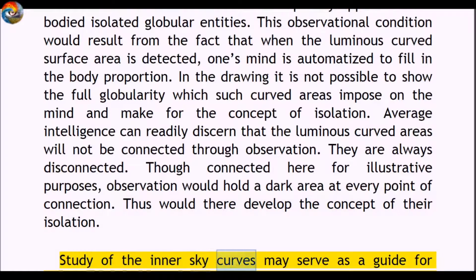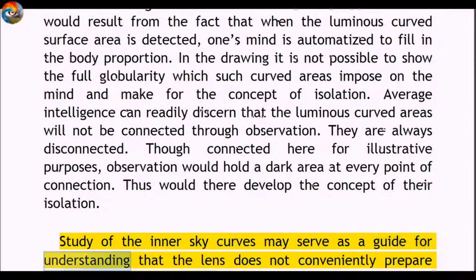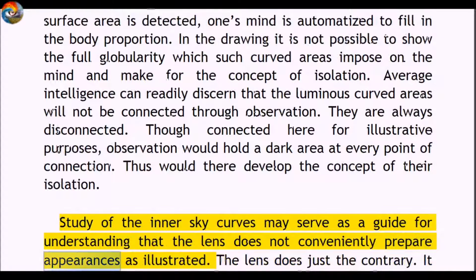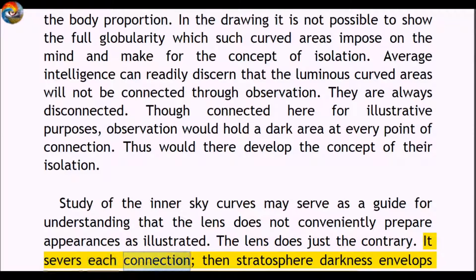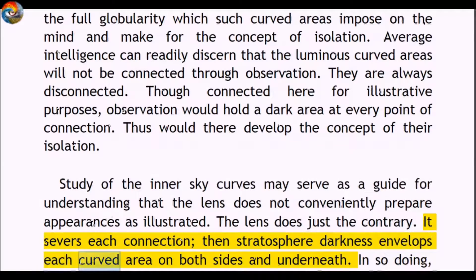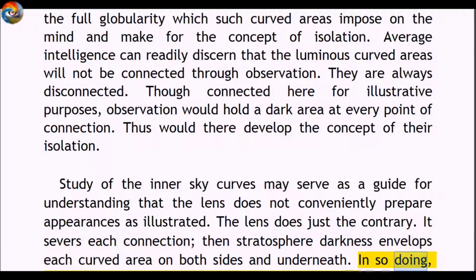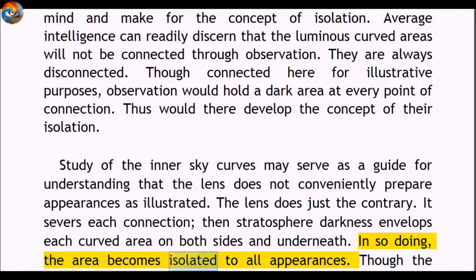Study of the inner sky curves may serve as a guide for understanding that the lens does not conveniently prepare appearances as illustrated. The lens does just the contrary. It severs each connection. Then stratosphere darkness envelops each curved area on both sides and underneath. In so doing, the area becomes isolated to all appearances.